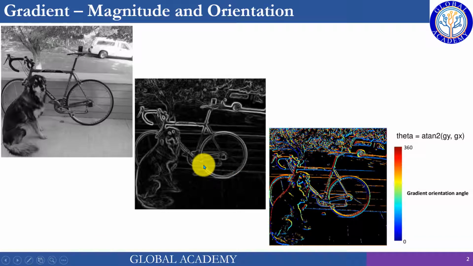One thing is important: when we compute Ix and Iy, there could be positive and negative values. So we usually typecast this image from uint8. This image is originally an 8-bit image, and then we computed Ix, which is the gradient along the x-axis, and then Iy, which is the gradient along the y-axis.